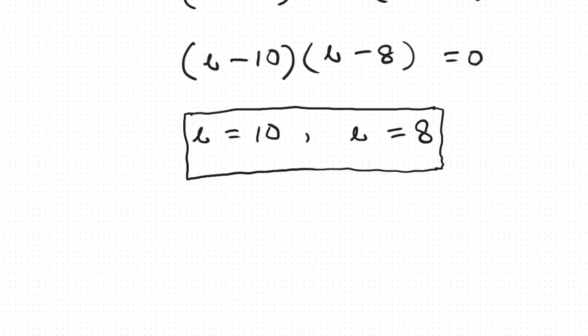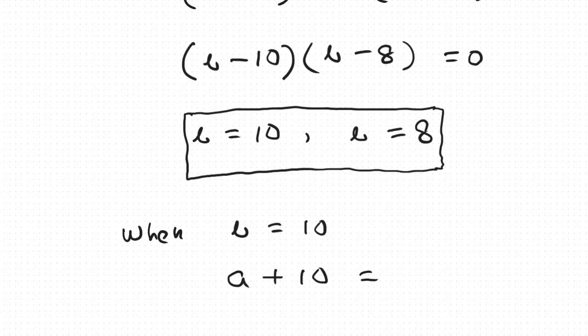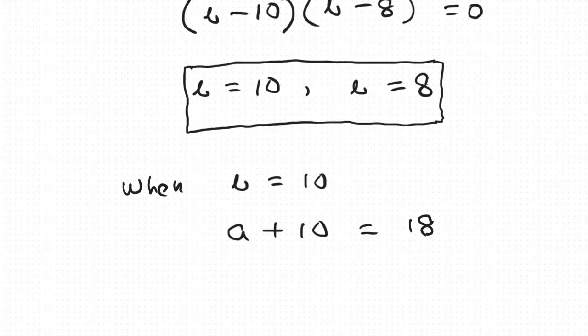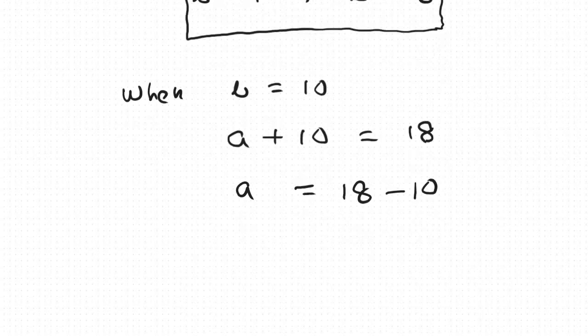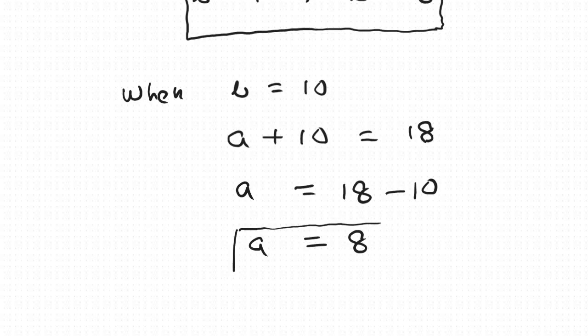So when B equals 10, we get A plus 10 equals 18 from equation number 2, or we get A equals 18 minus 10, or we get the value of A equals 8. So this is the first value of A when B is 10.